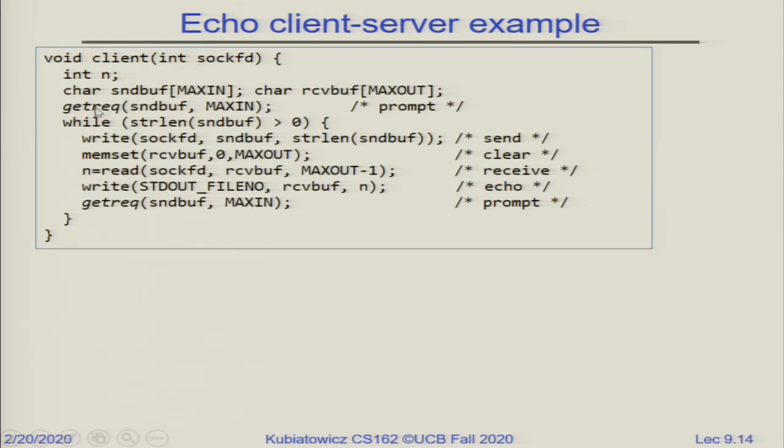And what I do is I call this get request, which is some other code I'm not going to show you, that just says, oh, user, please tell me what to echo. And then we're going to write the data that was given to us into the socket, so it's going to go out one side. We're going to clear out the receive buffer, and we're going to read. That read is going to be blocking and wait until something comes back.